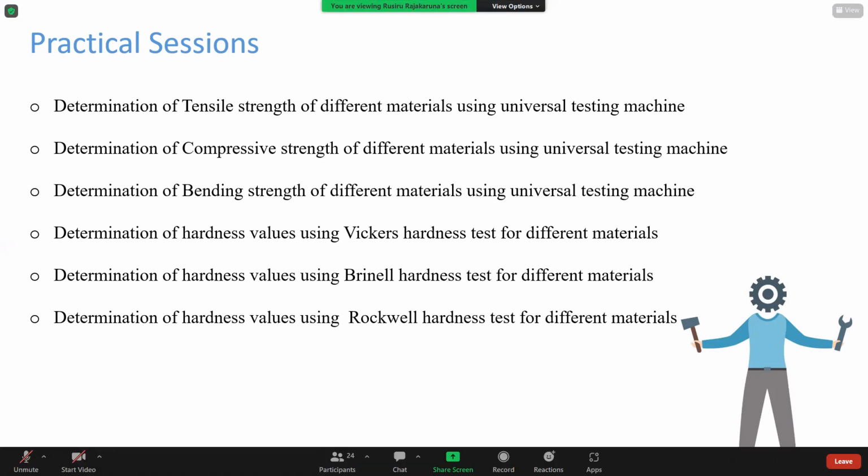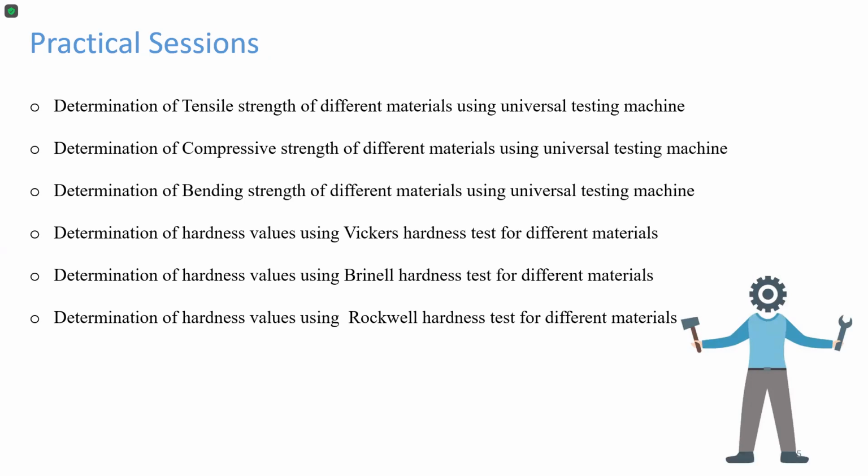In the practical sessions, we are covering the tensile test of different materials, and also the compressive test, bending strength, then hardness tests: Vickers hardness, Brinell hardness, and Rockwell hardness. So those are the things we are going to cover. Altogether we have 6 practicals.